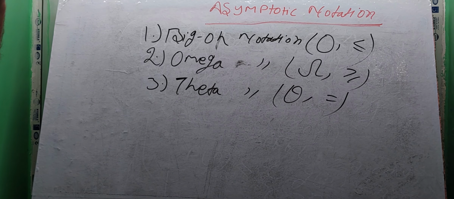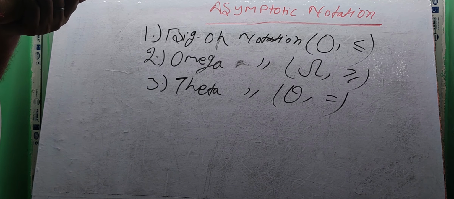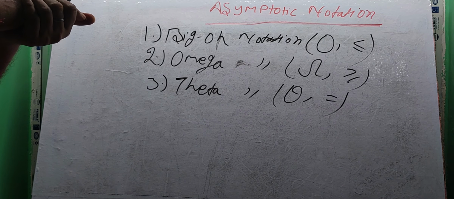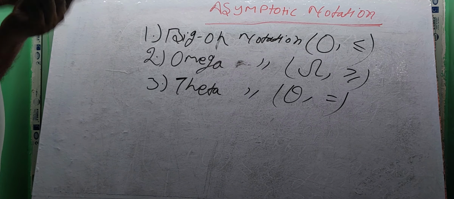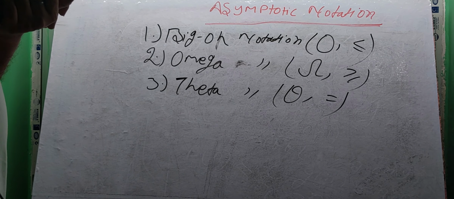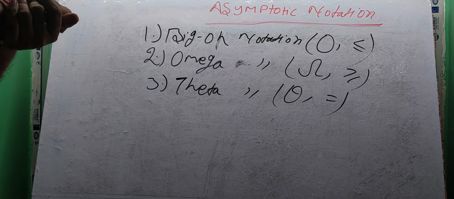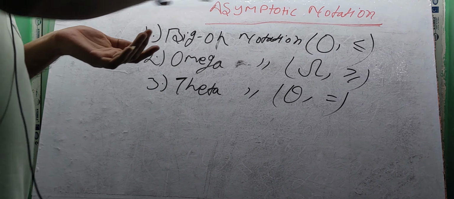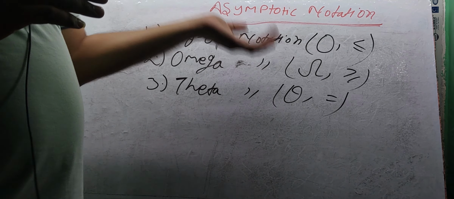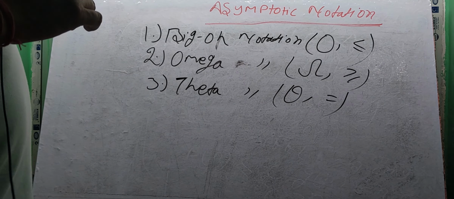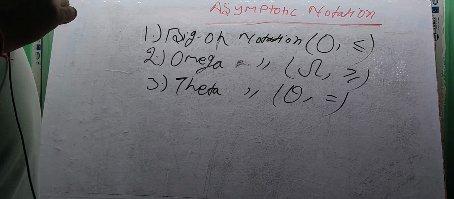Big O notation: if we have two non-negative functions and somehow we make the right hand side greater than the left hand side by using a constant c, and there is also some n naught, that is big O. Its reverse, that is somehow we make the left hand side greater than the right hand side, then that is omega.